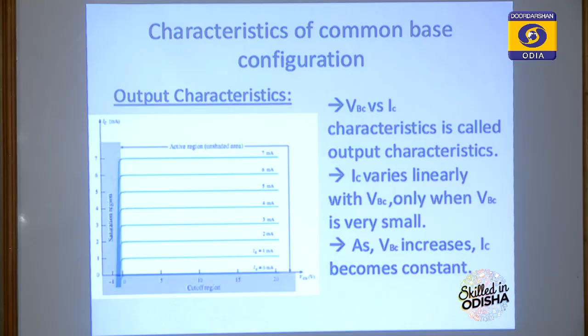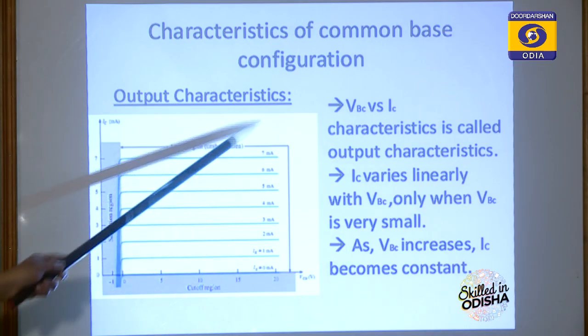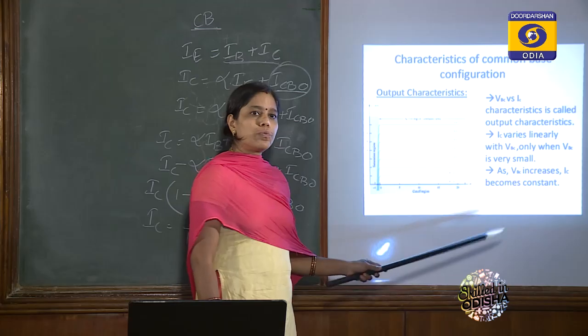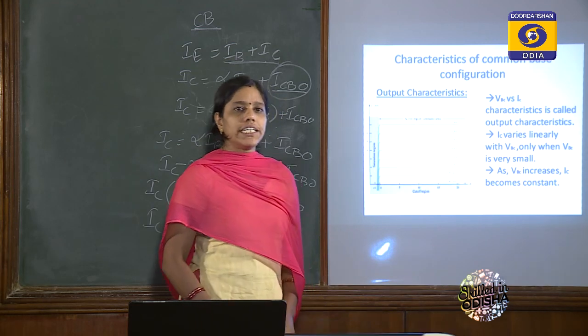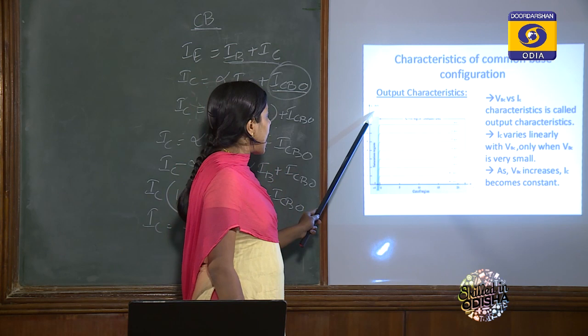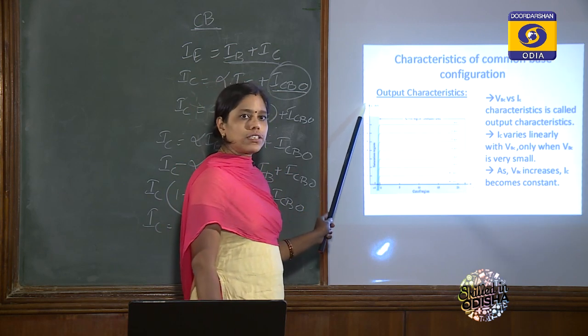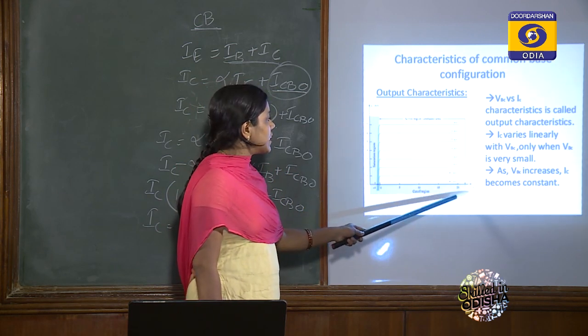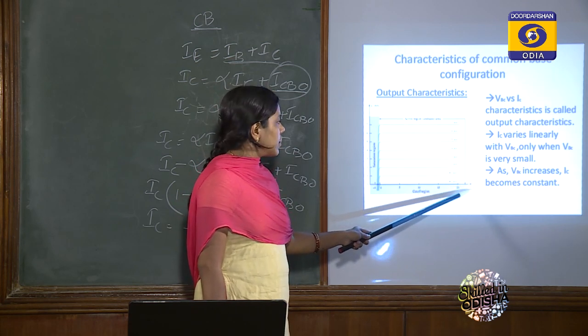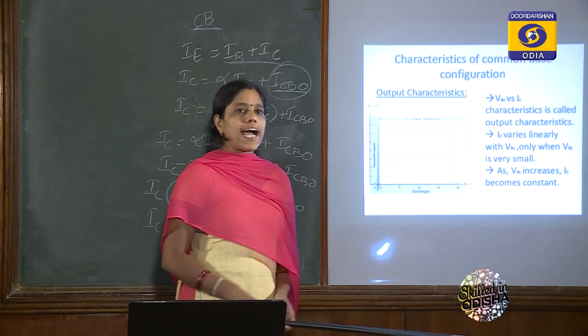Then next is the output characteristics of common base configuration. The output characteristics curve for any configuration is the relation between output current and output voltage at constant input current. Here output current is IC and output voltage is VCB, and input current is IE.